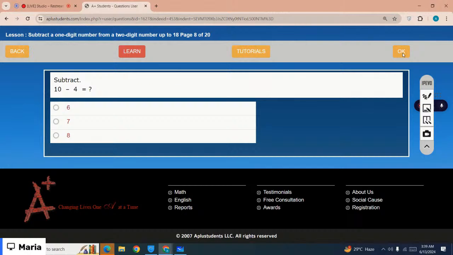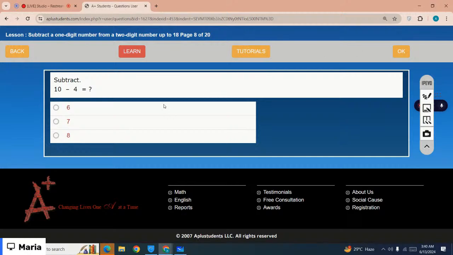Subtract 10 take away 4, which is the correct option? 10 take away 4 equals 6.